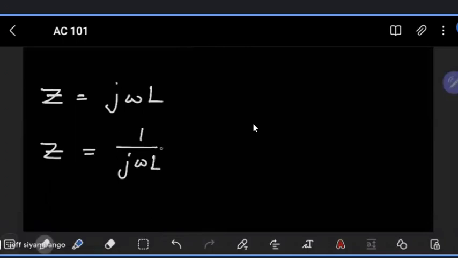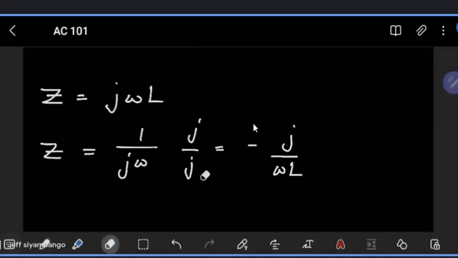But when dealing with a capacitor, every now and then, you might have to move the j from the denominator and take it up. To do that, you recall that all you have to do is multiply the top and the bottom by j. In the end, it ends up the same expression, but with a minus: the j now ends up on top, and you remain with omega C. Sorry, I was putting L here.